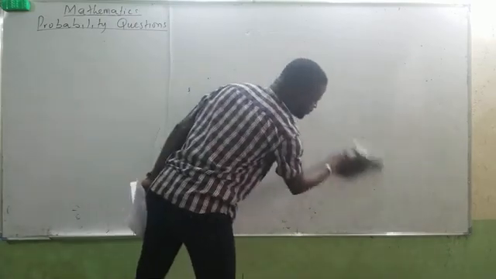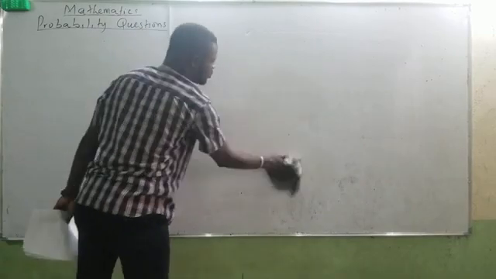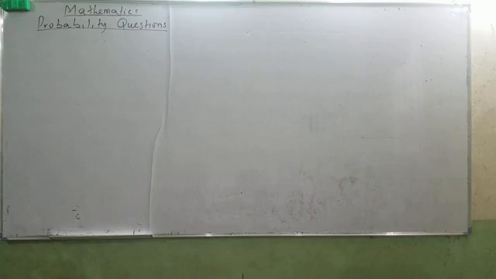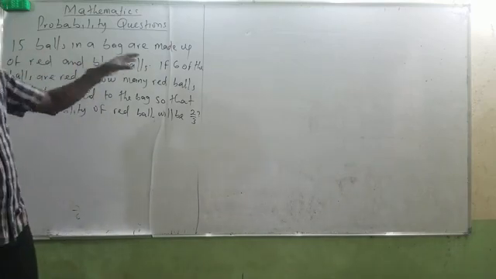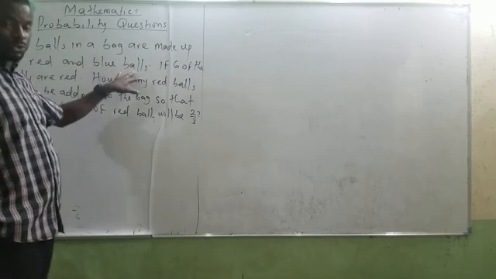Now, I have this problem again on probability. Let's try to figure it out. Look at this question. This is the third question anyway. Let's try to work on it together. 15 balls in a bag are made up of red and blue balls.